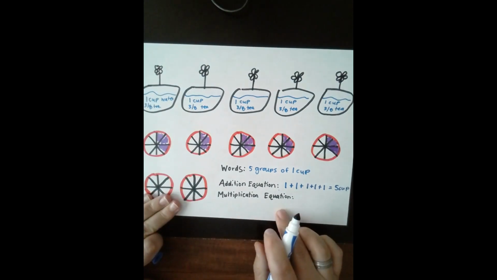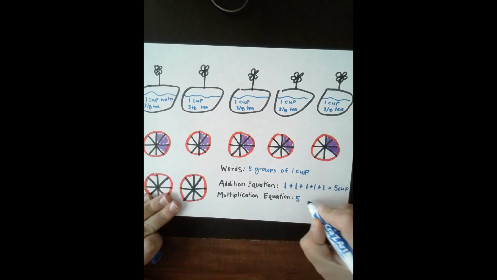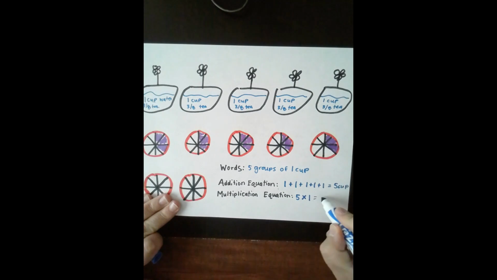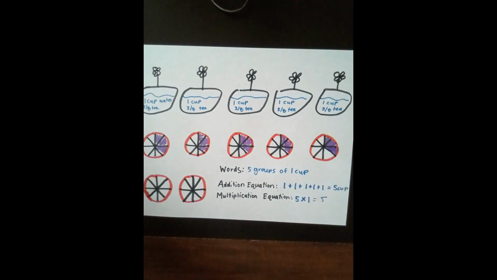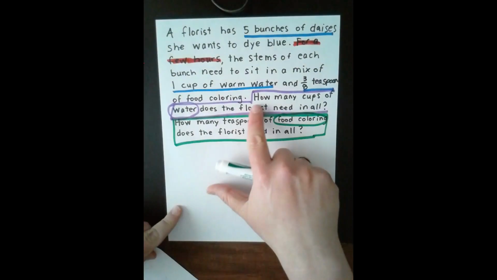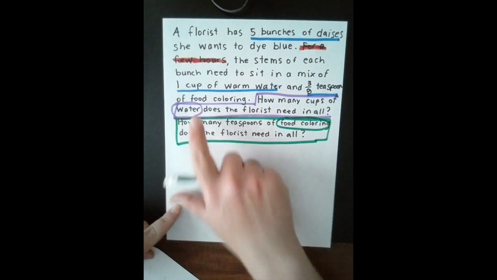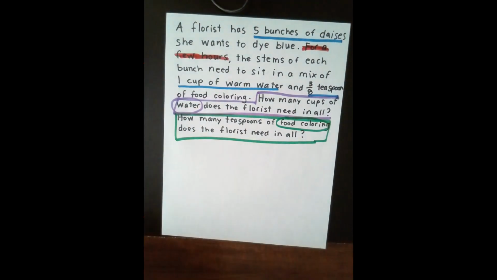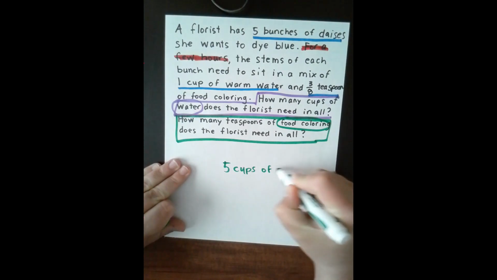Now, our multiplication equation for this would be, again, 5 groups of 1 cup. So that would be 5 times 1 equals 5. So now, I'll do this in green. So we know that the answer for our first question, how many cups of water does the florist need? She needs 5 cups of water. So I could write that down here. 5 cups of water.